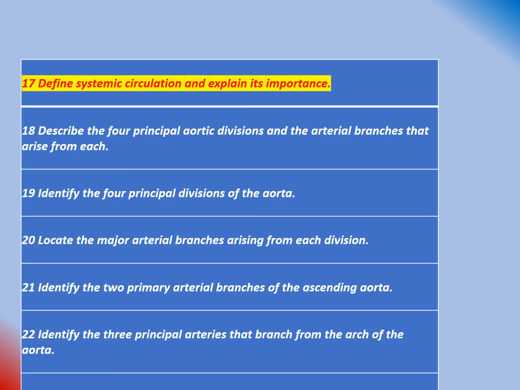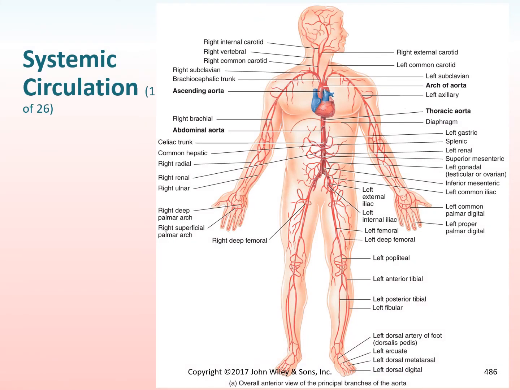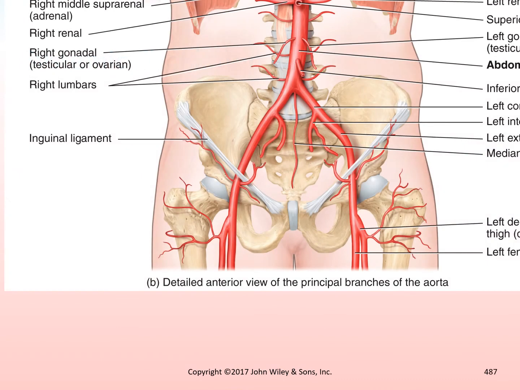Define systemic circulation and explain its importance. The systemic circulation is feeding blood to the body systems, and this includes our legs.